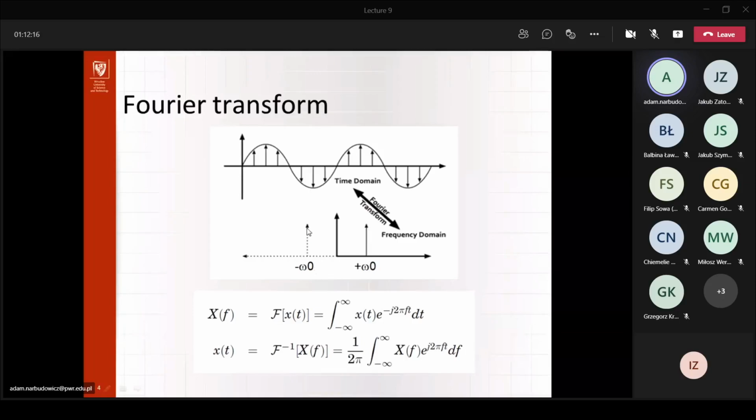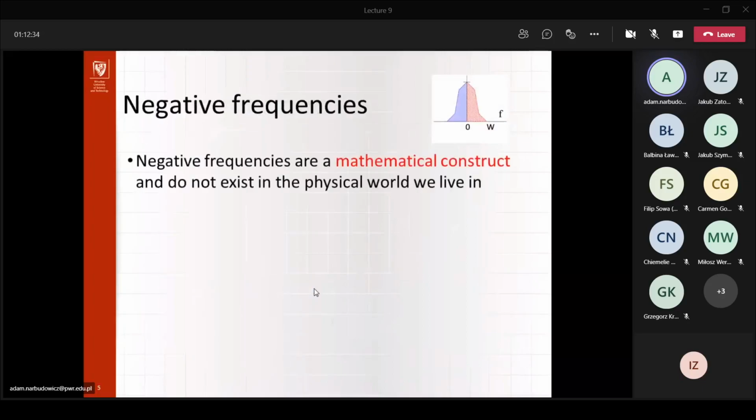However, as you can notice in this diagram, the full description of the sine signal actually requires the presence of a negative frequency, minus omega, right? So I think that might be a little bit puzzling in general. Because it's probably easy to imagine a sine signal with 1 gigahertz frequency, but what does a frequency of -1 gigahertz actually mean?